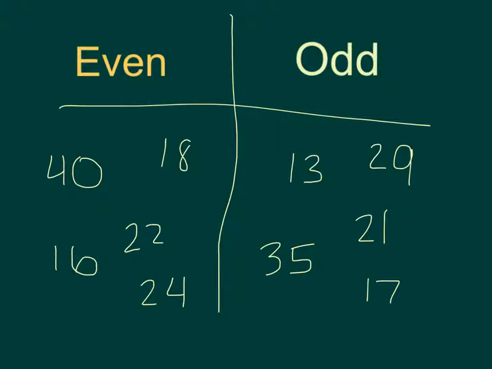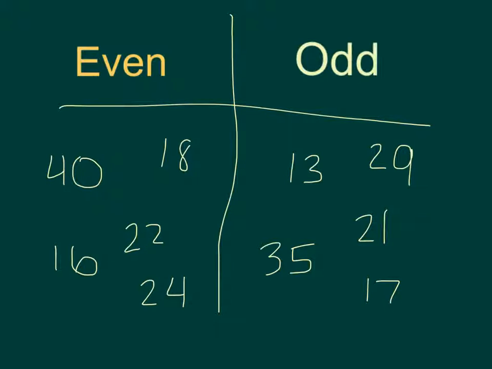Wow! What I noticed is I saw friends sorting even and odd numbers. I noticed even numbers like 40, 18, 22, 16, 24. I noticed some odd numbers like 13, 29, 21, 35, 17. When I looked carefully at these numbers, I noticed something else.